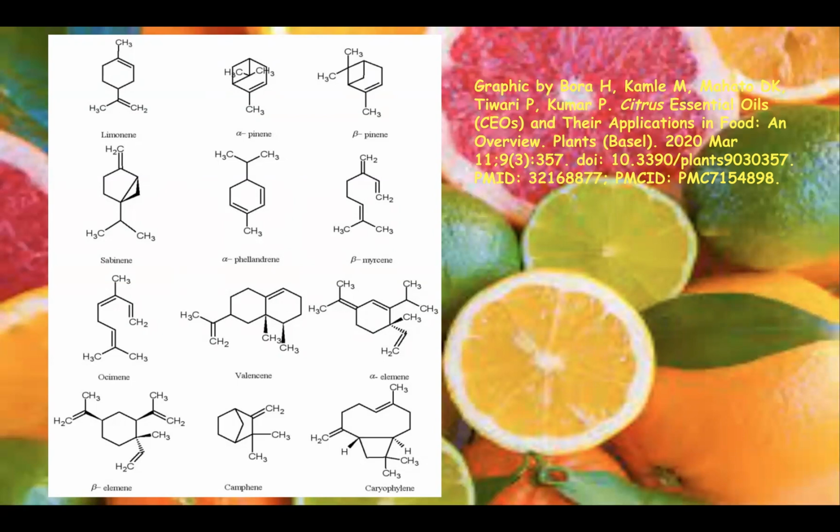Most of these are different types of monoterpenes, aldehydes, and sesquiterpenes, and especially limonene, which is found in the essential oils of all citrus peels. These are responsible for all the delightful smells and healing actions from the peels.